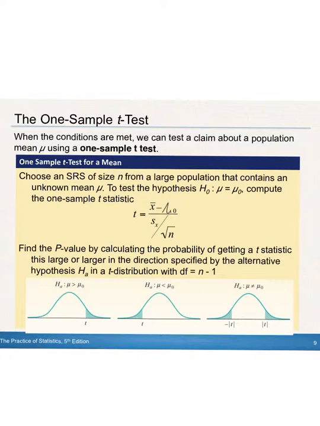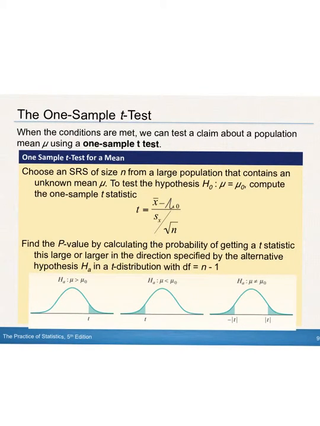So you can use a one sample t-test to decide if there's enough convincing evidence to reject the null, and it's the same process that you're going to use in general for any significance test. You choose a sample size n from a large population, and you have an unknown mu, so you're going to test the hypothesis about your null assumption.